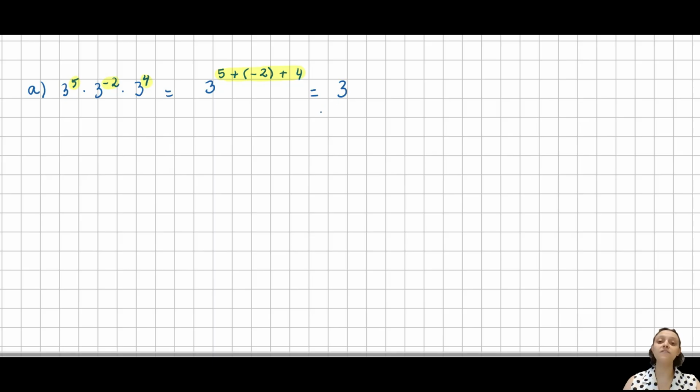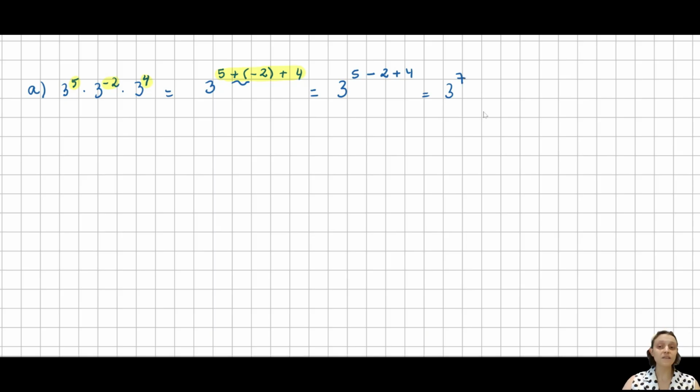And now we just have to operate the very easy addition that we have right here highlighted in yellow. So we have 5. Here we have to multiply the signs, not the numbers, the signs. And then we have a minus 2 plus 4. So we get 3 to the power of 5 minus 2 is 3 plus 4 is 7.